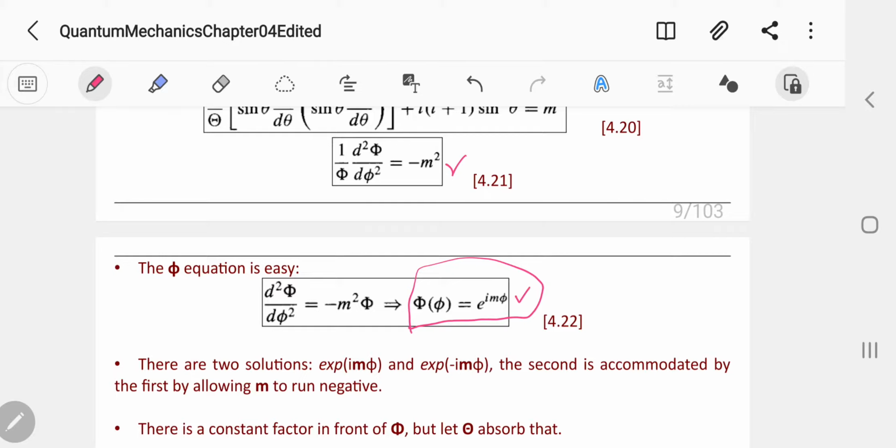Phi of phi is equal to exponential of i m phi. There are actually two solutions. The other one is e to the negative i m phi, but we let m run from negative infinity to positive infinity, so that we can just write this simply.